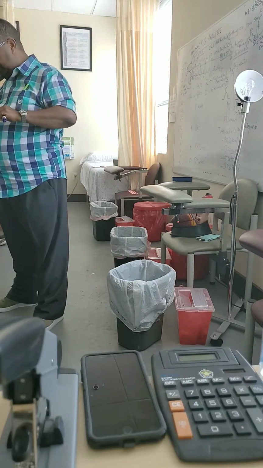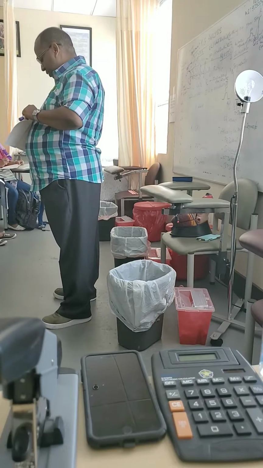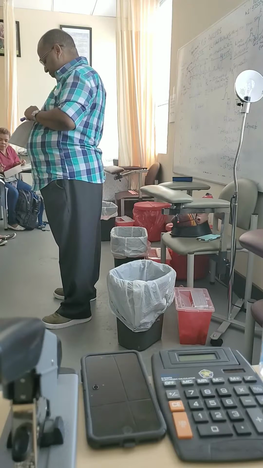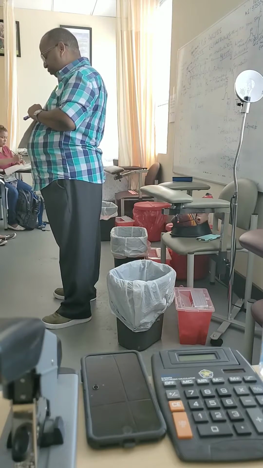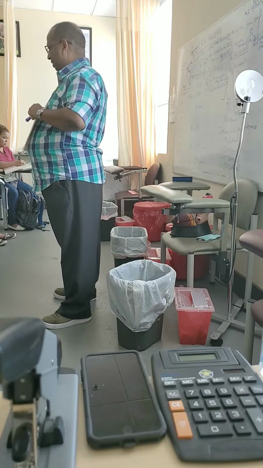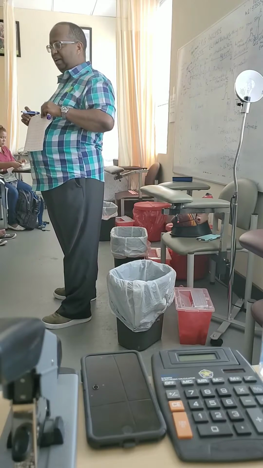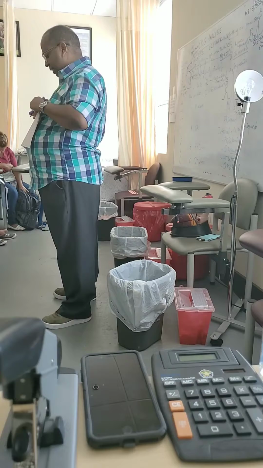So you count 6 seconds. From here, 1 second, 2, 3, 4, 5. That means from here to here is 6 seconds. Count anywhere 6 seconds. Don't go outside, but start inside anywhere.